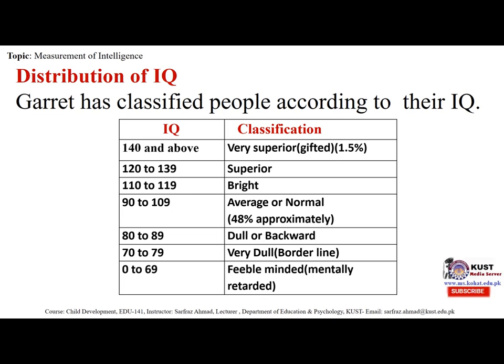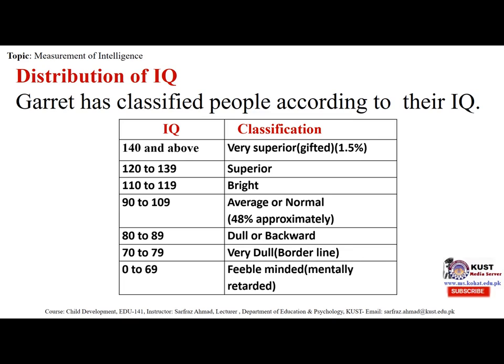And if the IQ of the person is from 110 to 119, then that person is being considered as bright. If IQ of the person is from 90 to 109, then he or she is considered as average or normal, and approximately 48% are there.